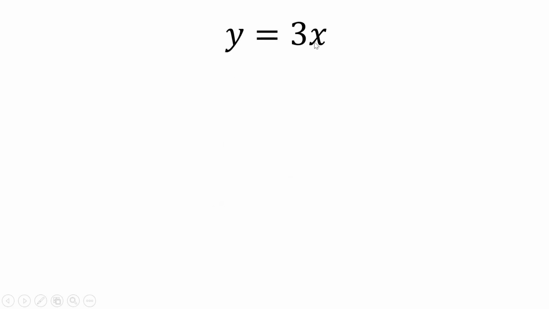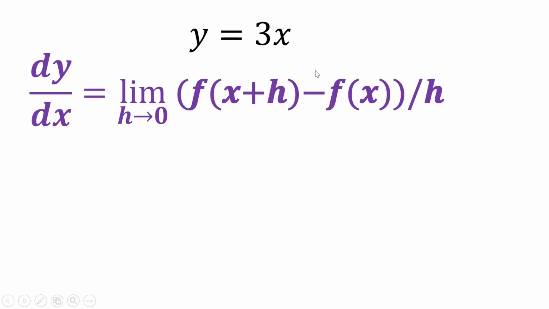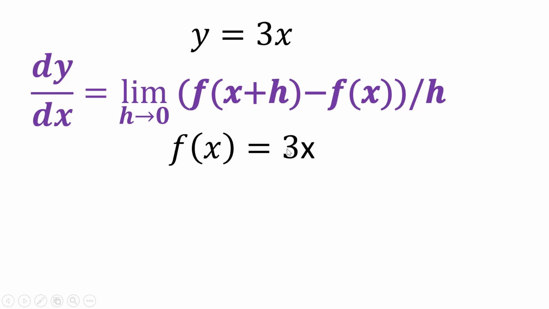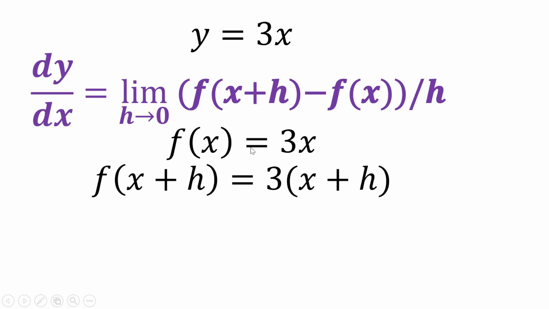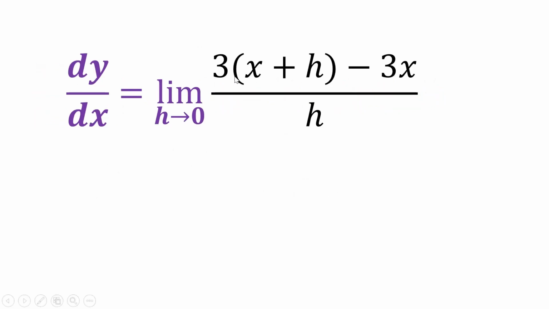Let's take this function, y equals 3x. We want to apply the first principle of differentiation. So we need f of x, which is 3x, and we need f of x plus h, which is 3(x plus h). We do our substitution, and this is where we are.